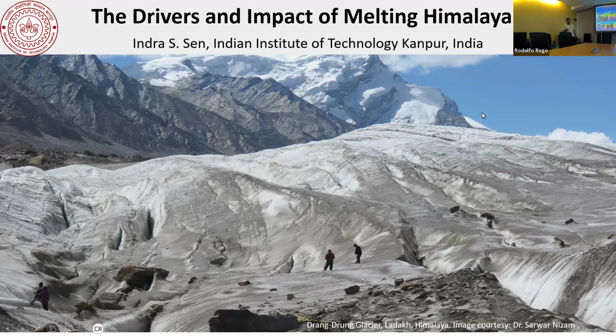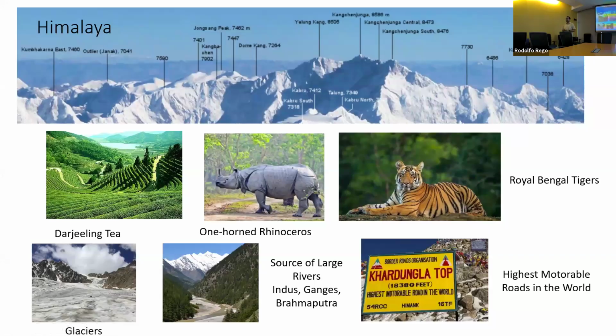All of you are aware of the Himalaya. Before I go into the research side, let me draw you some interesting facts about the Himalayas. Of course, it has some of the highest peaks of the world, with Mount Everest standing at around 8,800 meters above mean sea level. We have some of the finest tea, the Darjeeling tea, that is very famous.